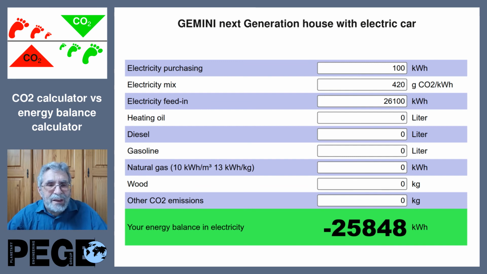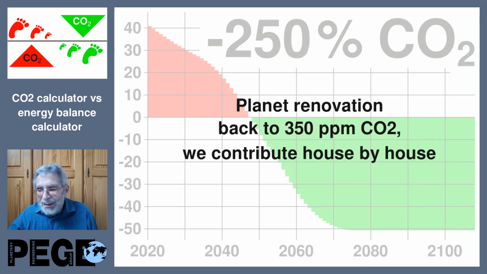This is really a great balance, because at least we could absorb several tons of CO2, and when we use the usual avoidance calculation with 0.7 kilo CO2 emissions avoided by 1 kilowatt hour of clean electricity, we have a very good balance, and this is the target we have for our own house and for the soon to be founded GEMINI Next Generation Incorporated.